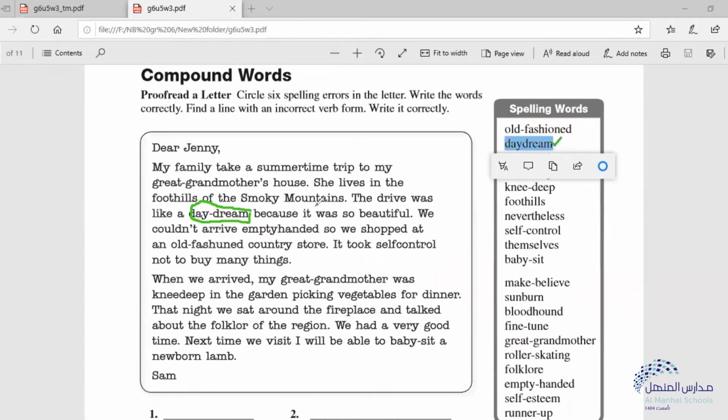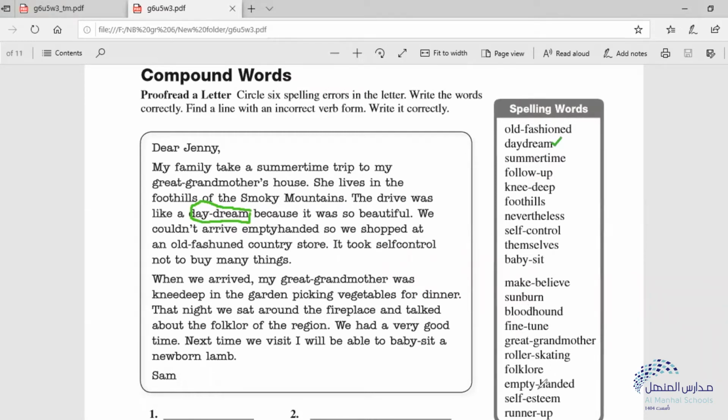Because it was so beautiful, we couldn't arrive empty-handed. Empty-handed. Let's look for empty-handed. Good.